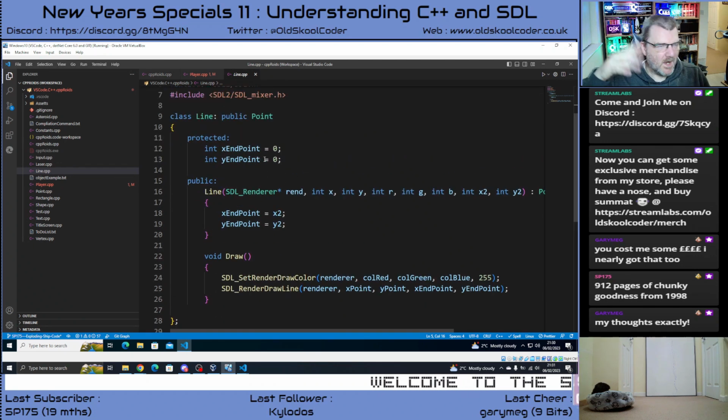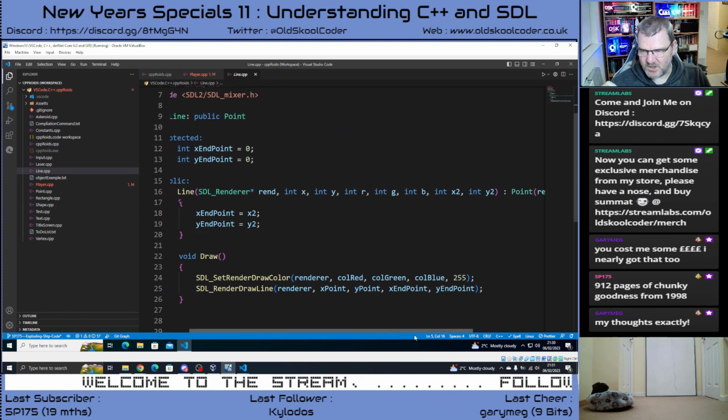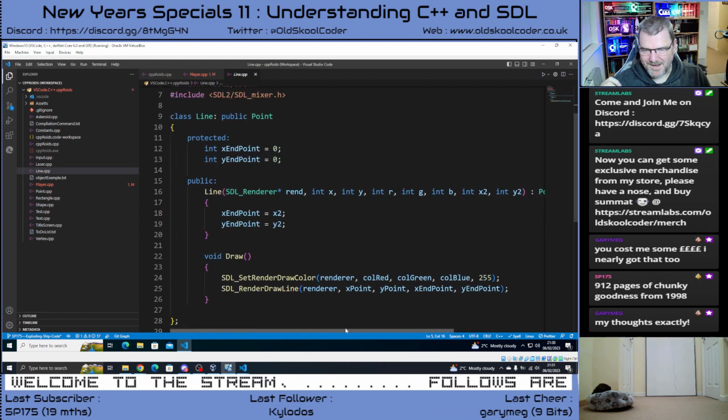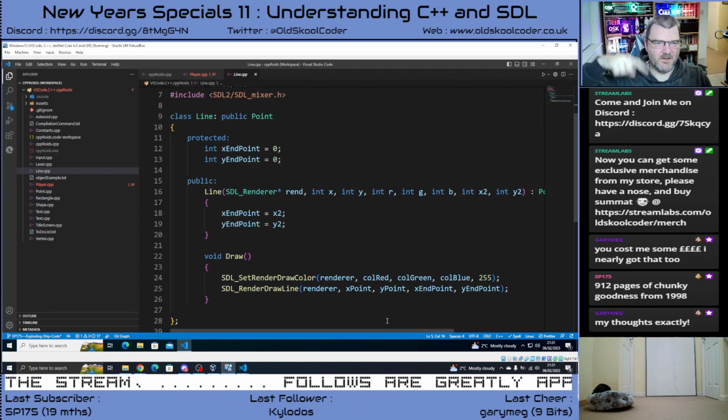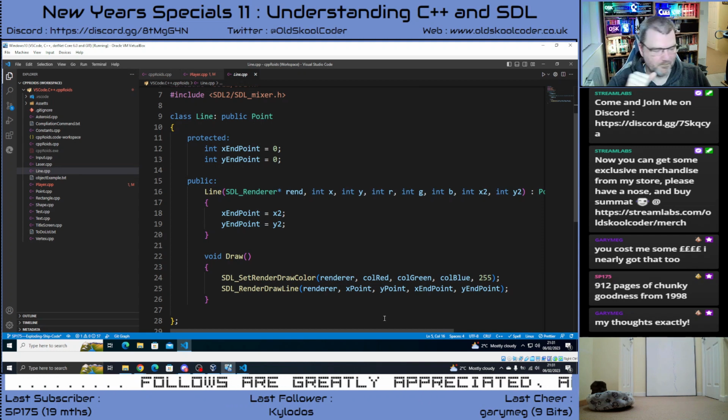Right, SP. I'm thinking of changing the line, because I think we can get the line to work out where it's going in the X and Y, yeah?